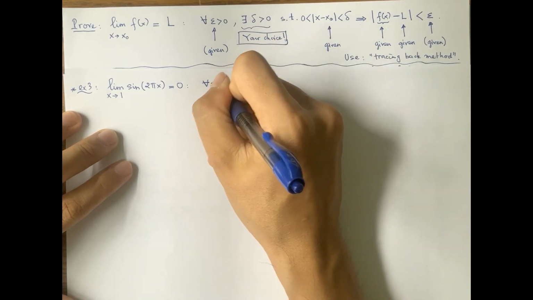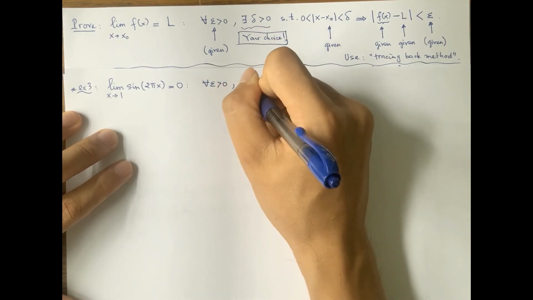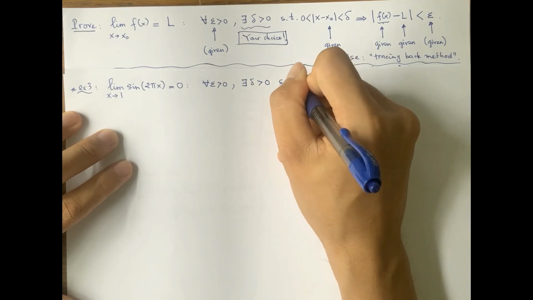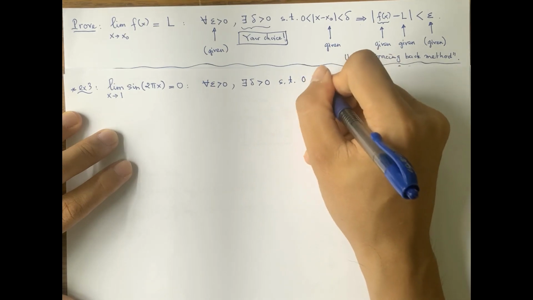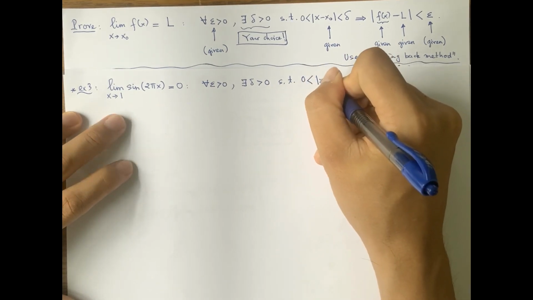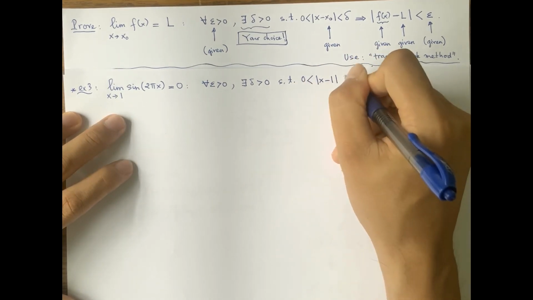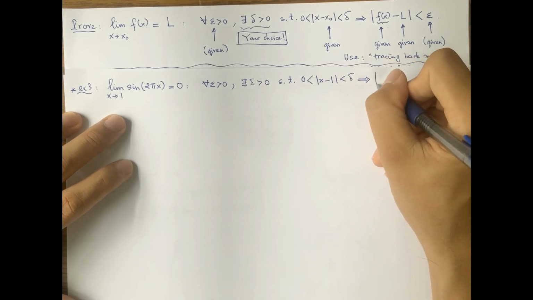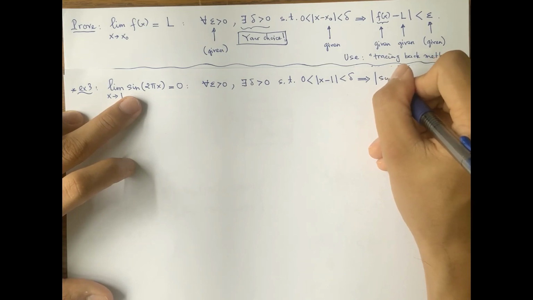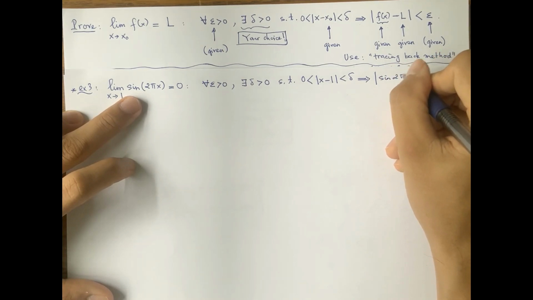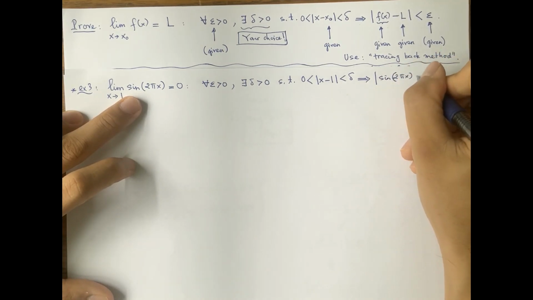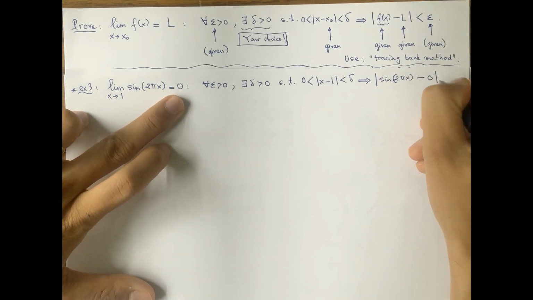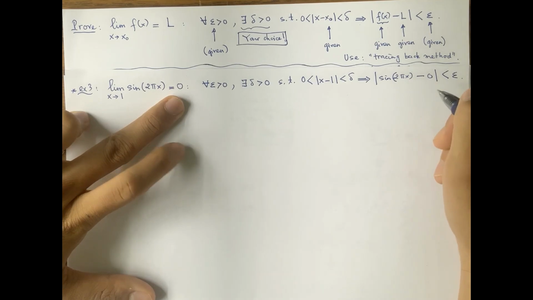So you want to prove for every epsilon greater than 0, there exists delta greater than 0, such that whenever the absolute value of x minus x0 is less than delta, you immediately will get the absolute value of the function minus the L, which is 0 in this case, has to be less than epsilon.